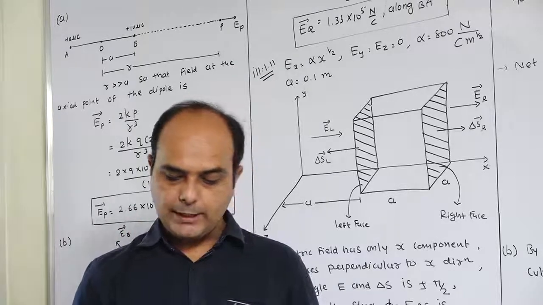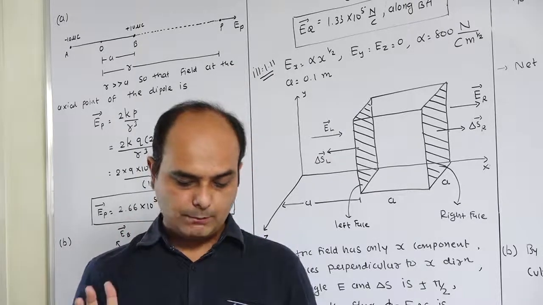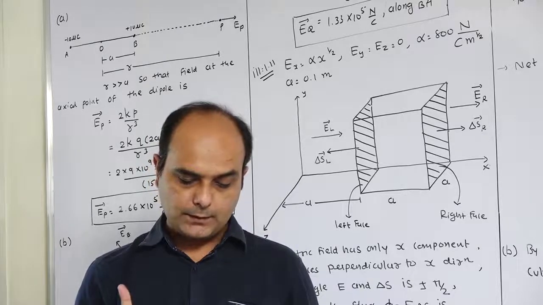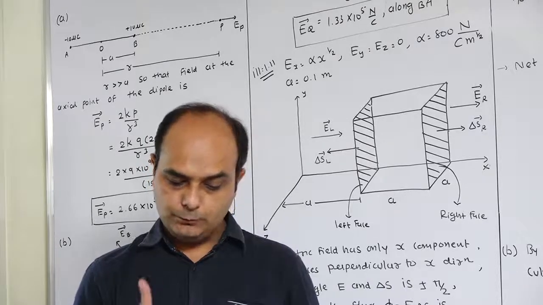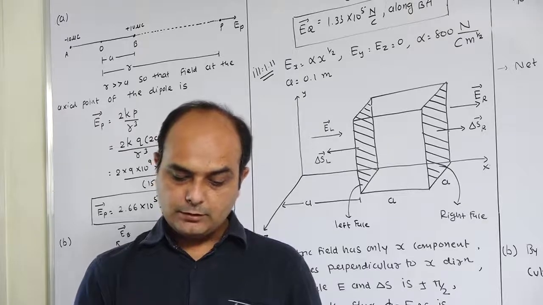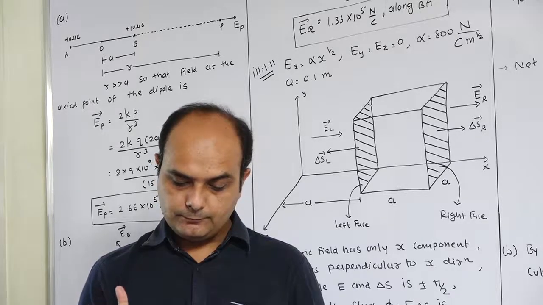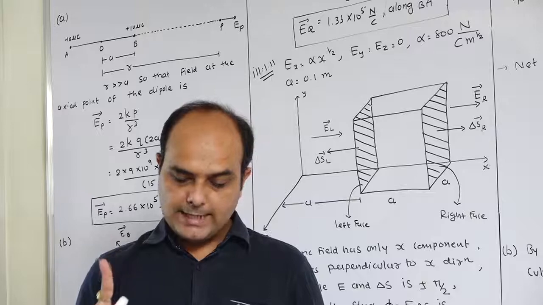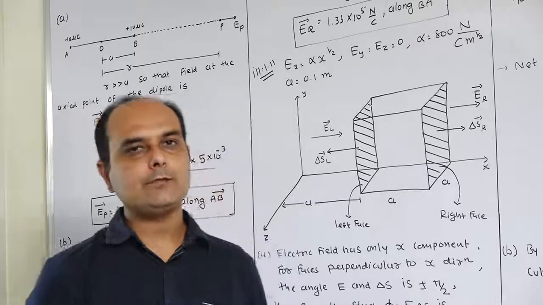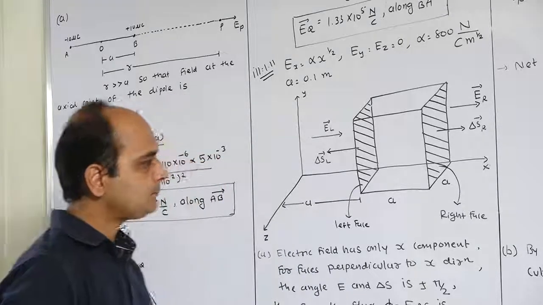Where alpha is equal to 800 Newton per coulomb meter to the 1 by 2. Calculate, first question, the flux through the cube. Second question, the charge within the cube. Assume that small a is equal to 0.1 meter.